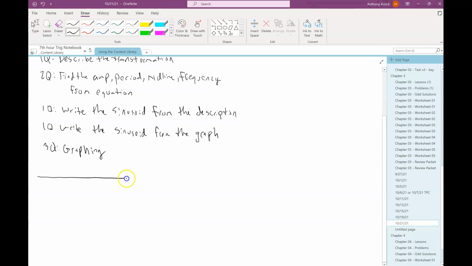I don't know if it's starting to go or if it's just being dumb. Okay, so we have y equals sine of 2x minus 4, just to show the process of factoring it out.